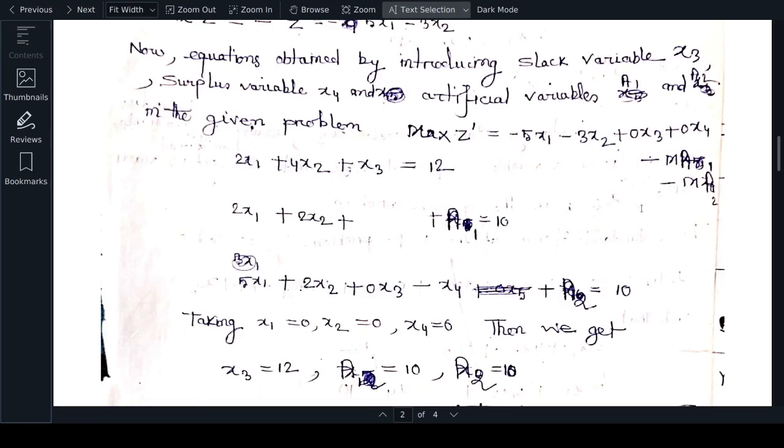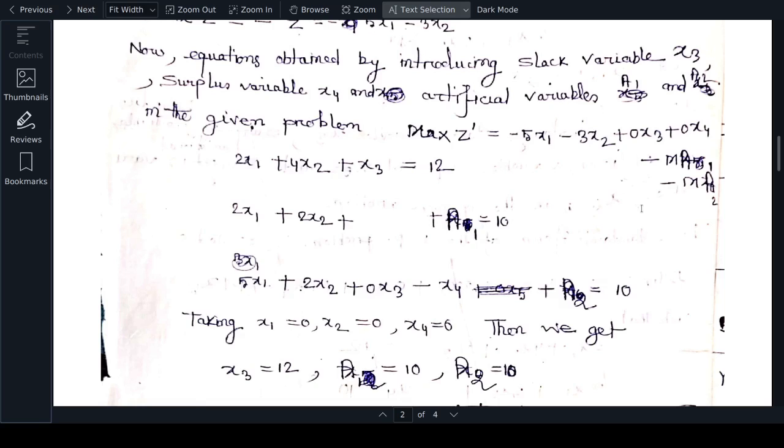Then the y3 column will be 1, 0, 0. Then the y4 column will be 0, 0, minus 1. So you see 0, 0, minus 1 is not any column of our identity matrix. It should be 0, 0, 1, not minus 1.